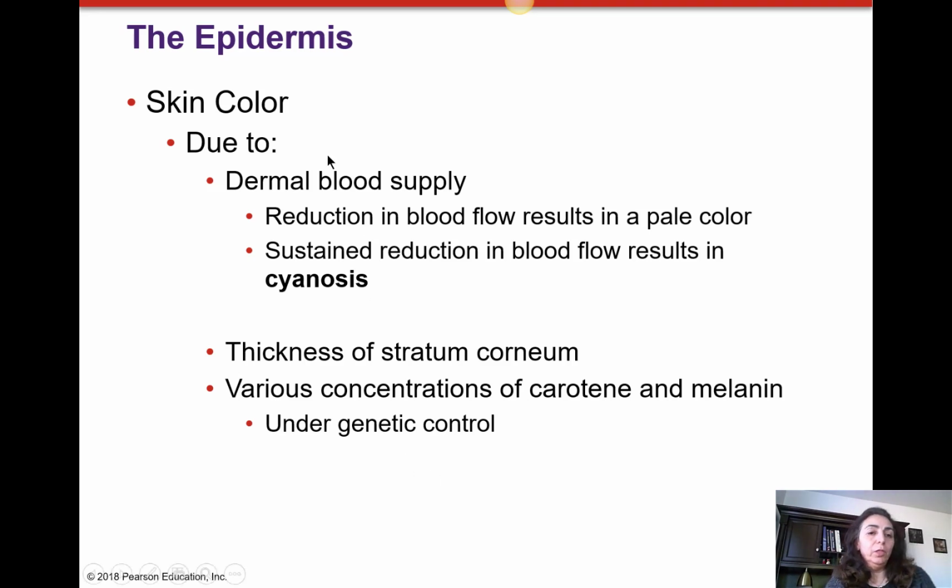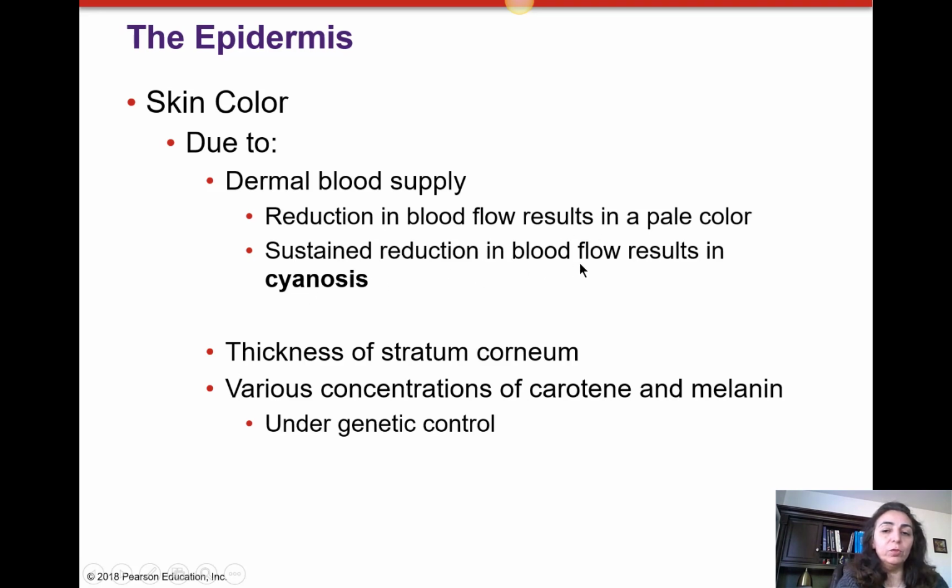So, a few words regarding skin color. Pay attention that skin color does not come just from melanin. Many things affect skin color. It might be due to the dermal blood supply. You remember we said that the amount of blood inside the skin may cause different colors of the skin. Reductions in blood flow result in a pale color.